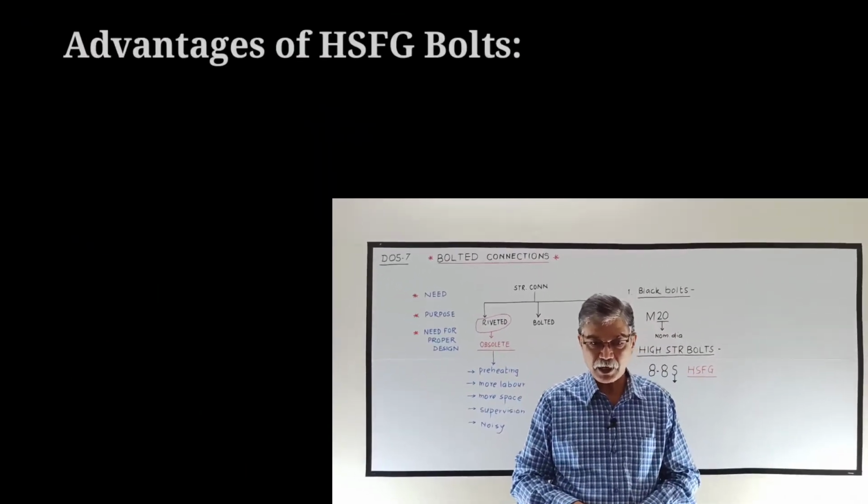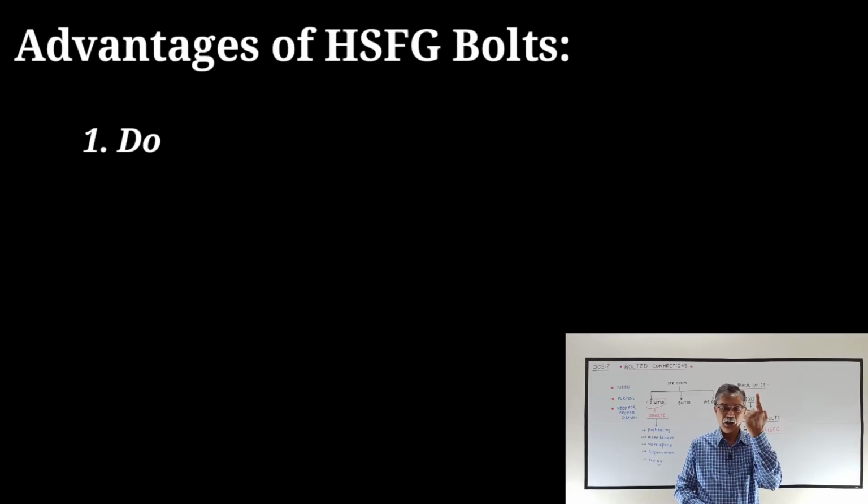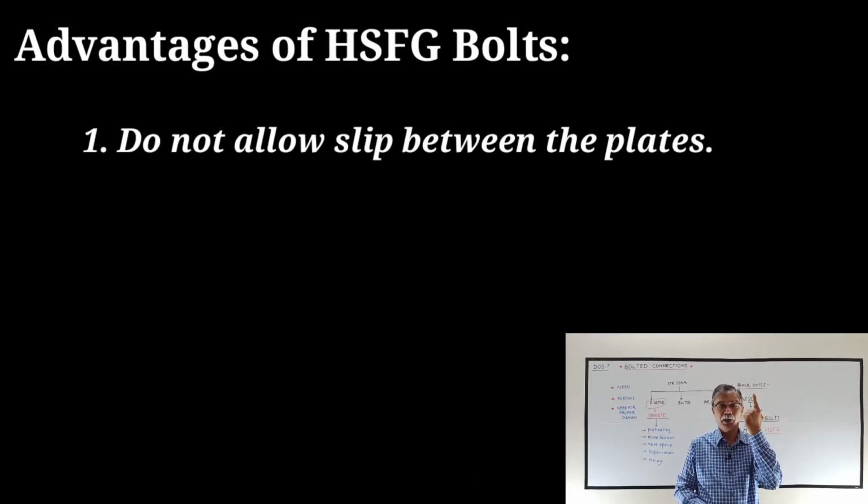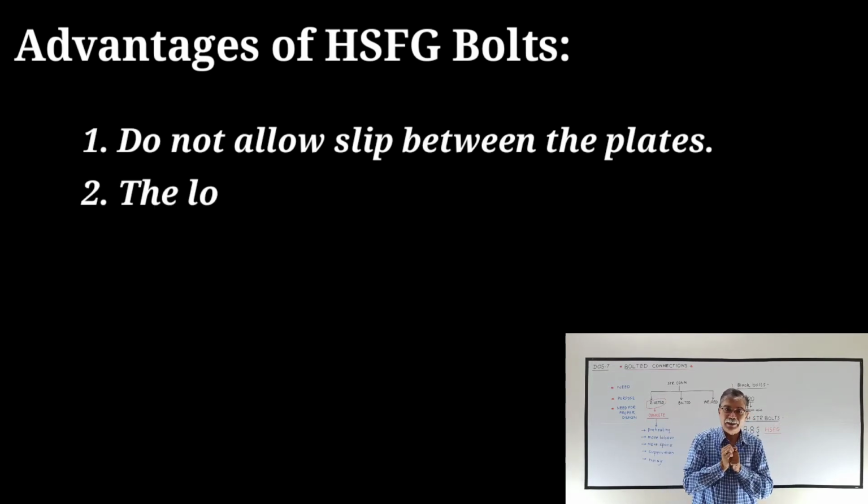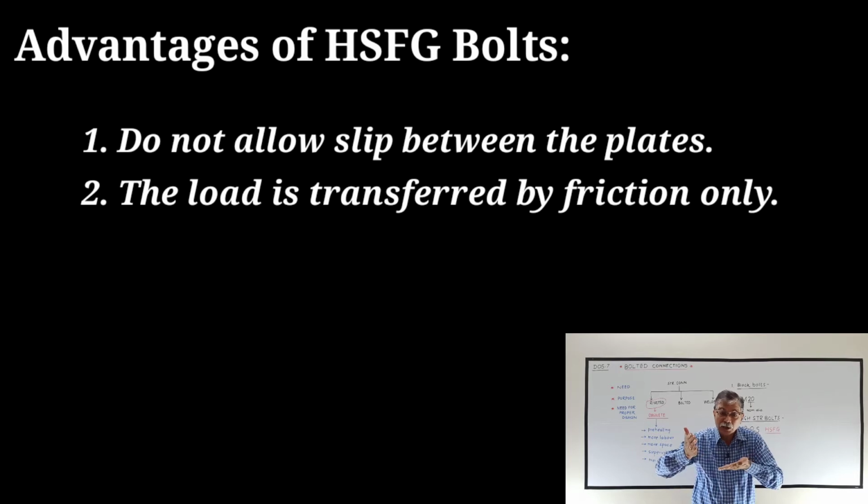Just now I have explained the first advantage: they do not allow slip between the two plates connected. I have told you the reason. Second, the loads are transferred by friction only, friction between the two plates.